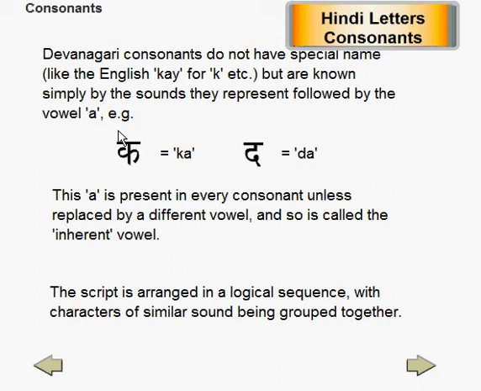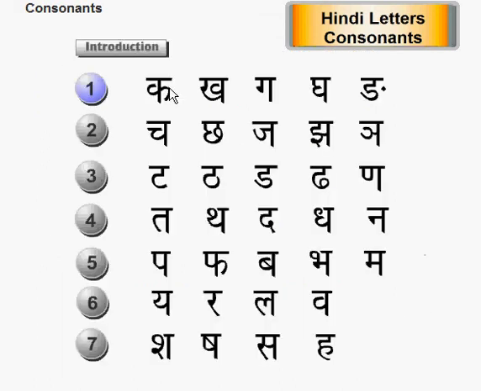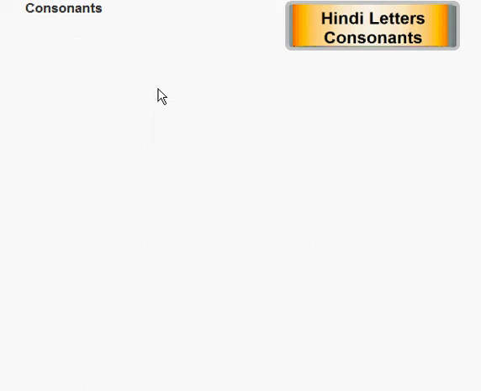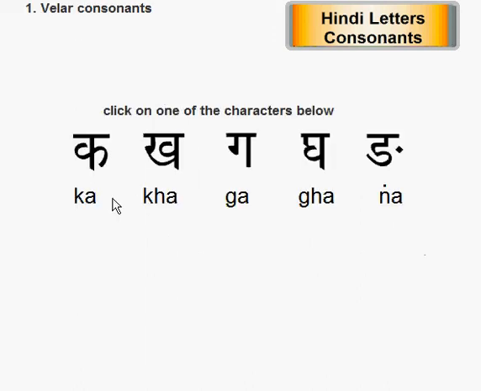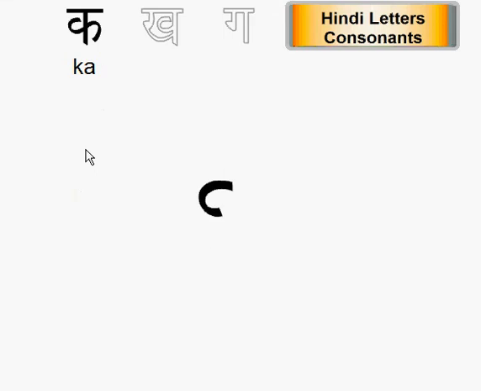And then the script is arranged in a logical sequence with characters of similar sound being grouped together. We will consider that more when we look at the consonants. But first, what I want you to do is learn just the first consonant, and that is ka. That's important because it's going to be used as an example for all the vowels and how to add the vowel to a consonant.